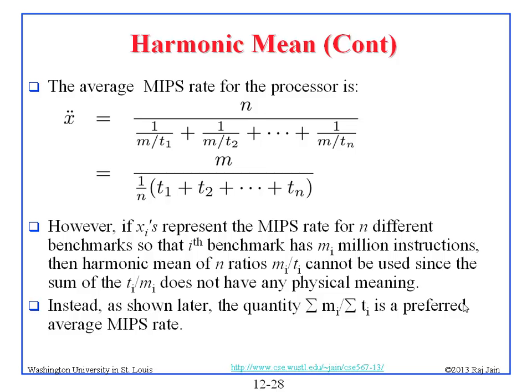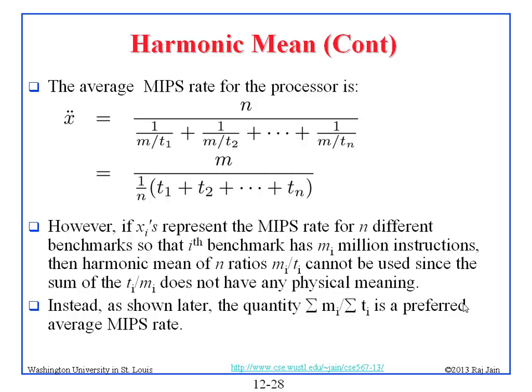Okay, so this is an example where, even though MIPS is a ratio, you did not take the geometric mean, because we have m divided by the mean of T1 through Tn. This is not a geometric mean. And so this is a counterexample to the common advice that for ratios you should always take the geometric mean.